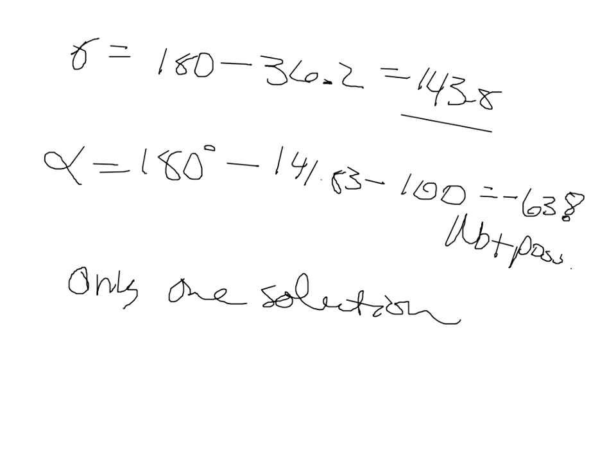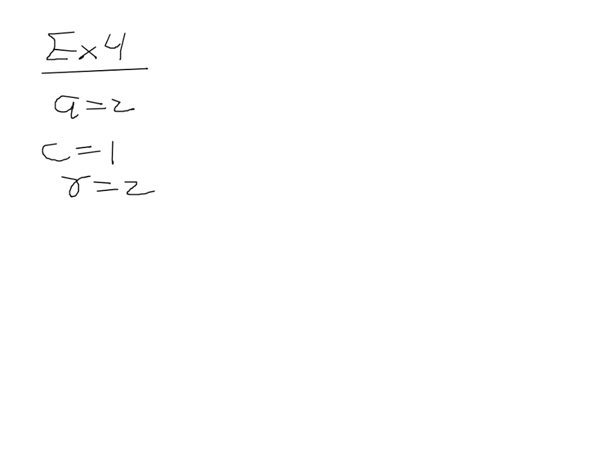All right, I think here's the last example. Okay, example 4. A is equal to 2, C is equal to 1, and gamma is equal to 25 degrees. So the first thing I do is set up.